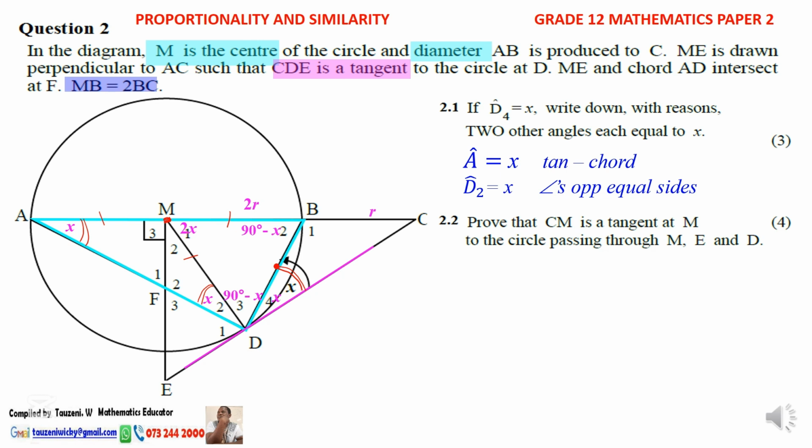2.2, we want to show that CM is a tangent to a circle passing through MED. The circle itself is not there, so we can draw a circle ourselves or just have it in your mind.